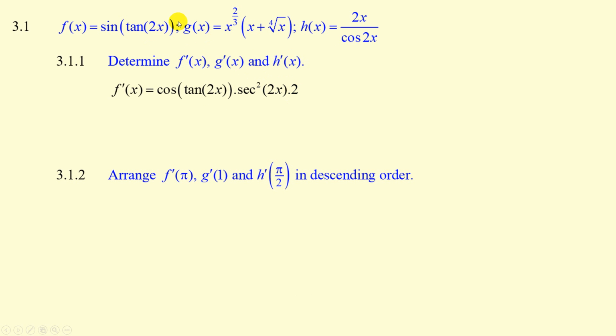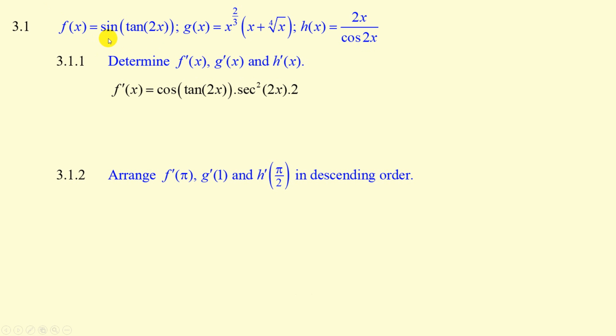Let's go through that again. This is a composite function. It's a function of a function. It's actually a function of a function of a function. Chain rule says that the derivative of a composite function is the derivative of the outside times the derivative of the inside. When you do the derivative of the outside, the inside stays the same.